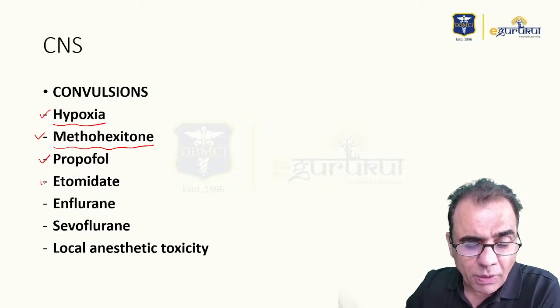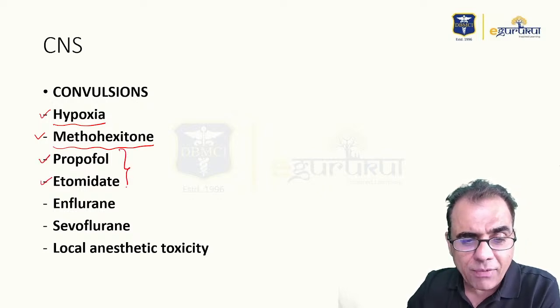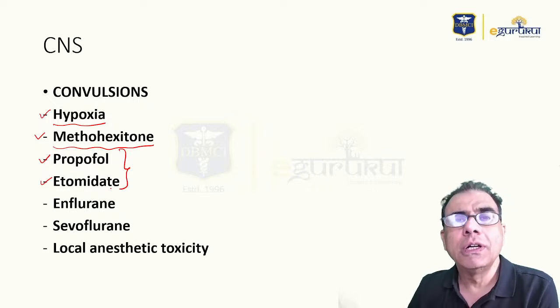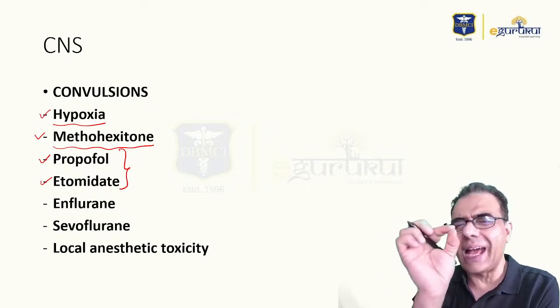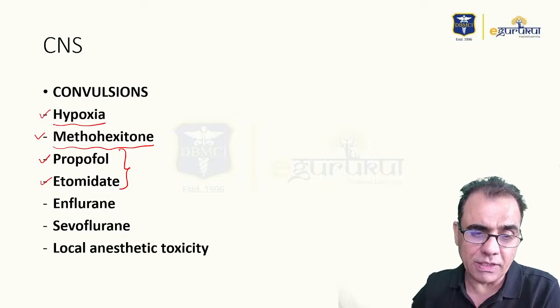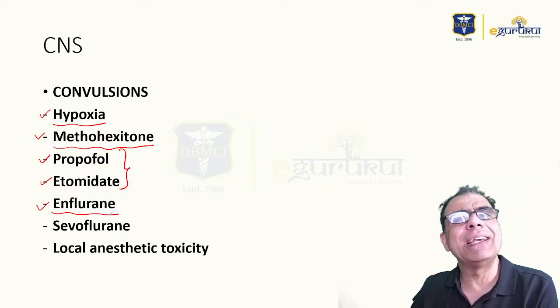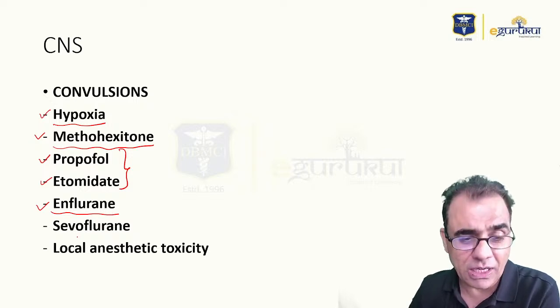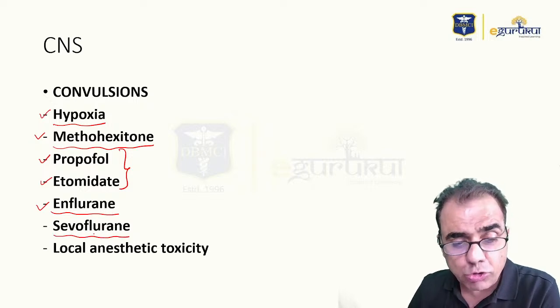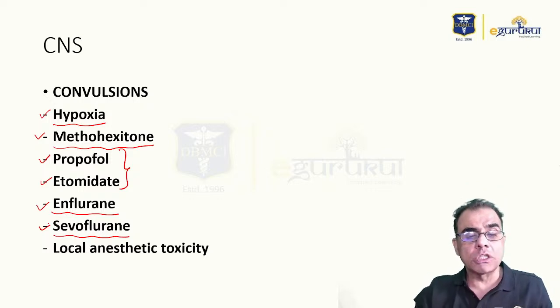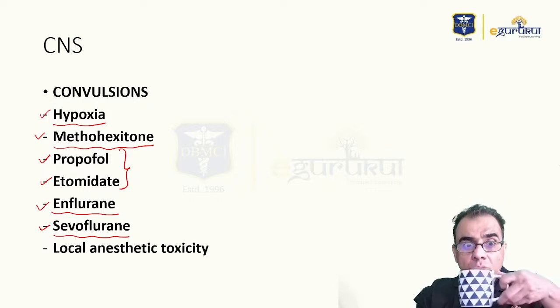Propofol and etomidate have also been found to cause, not significantly, myoclonic activity. One inhalational agent which is obsolete nowadays is enflurane, which was highly epileptogenic. Sevoflurane has also been found to cause convulsions.